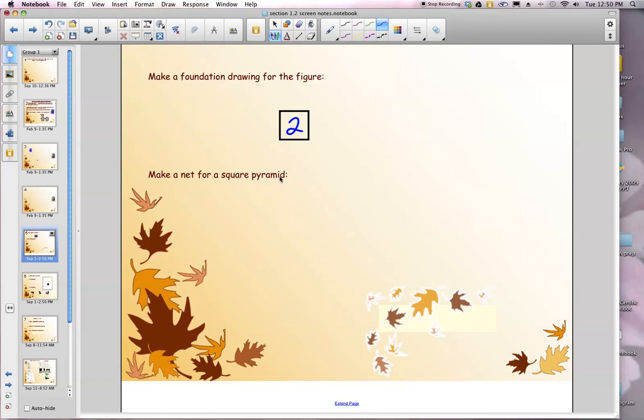As far as a net goes, there are different ways to use a net. If I was going to draw a net for a square pyramid, we know that a square pyramid has a square base, and then we know it comes up to a point like this, and this isn't going to be an excellent drawing, but you'll get the idea. So I have to show the square base and all 4 triangular sides as if it's been peeled open.